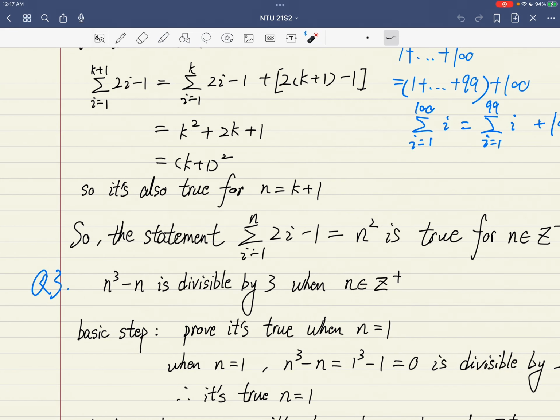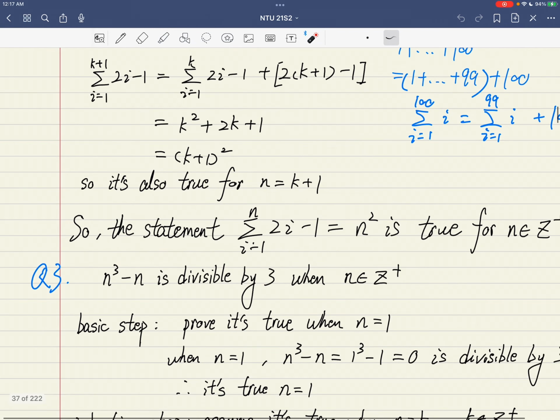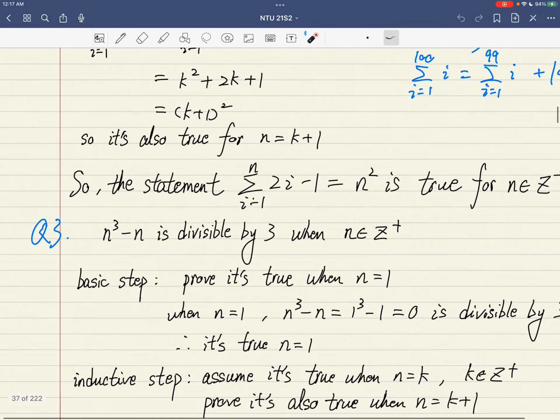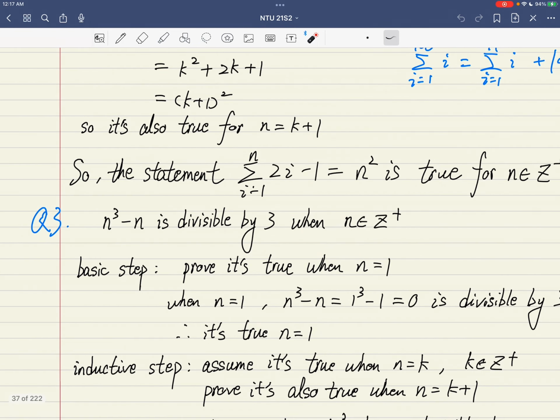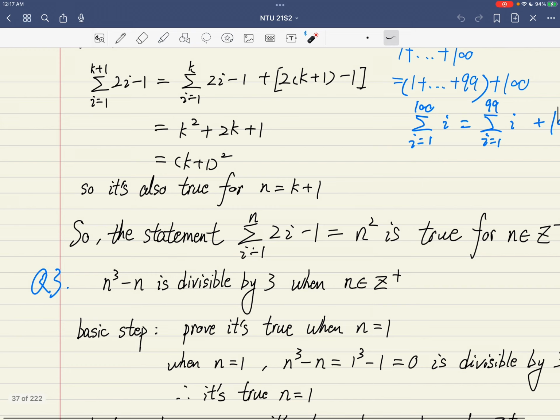So you put them together, it is k squared plus 2k plus 1, which is k plus 1 squared. So when n is k plus 1, the left is equal to the right, which is k plus 1 squared. So this equation is also true when n is equal to k plus 1.